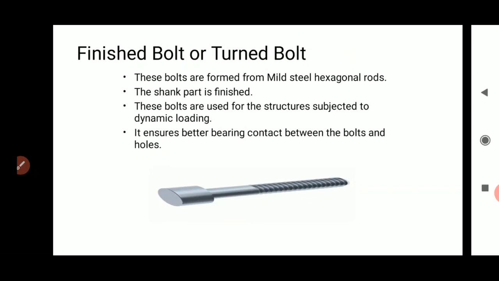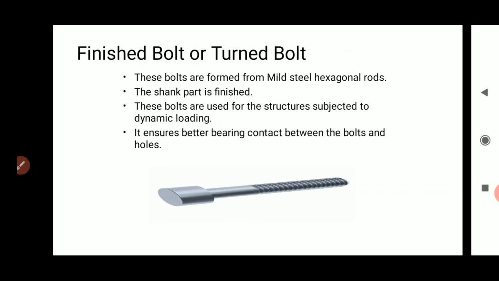Here also the bolt head is of hexagonal or circular shape, and the shank part is finished, so it is known as finished bolt or turned bolt. In case of unfinished bolt, the shank part is unfinished or rough, and in case of finished bolt, the shank part is finished.